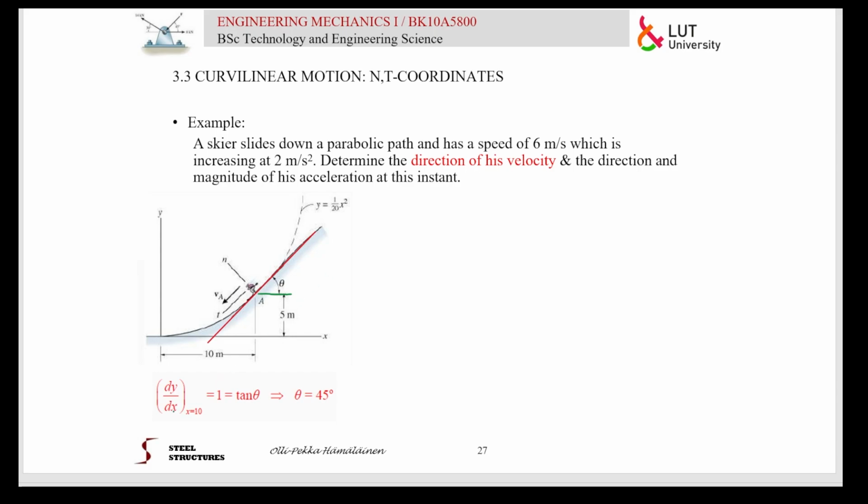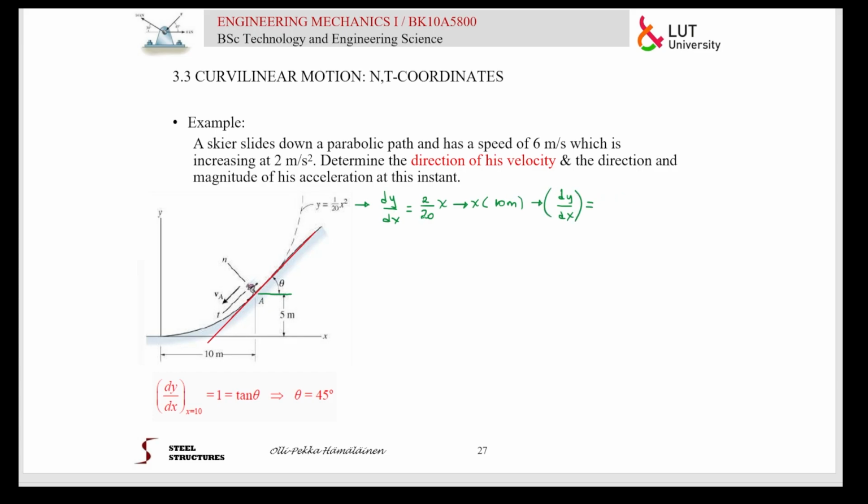And look at this. Well, the tangent is, take the formula, make the derivative. If you take dy/dx of the path at that point, it's going to be 2x divided by 20, just do it by hand. And then if I substitute x, you know that x is 10 meters, then that derivative equals what?